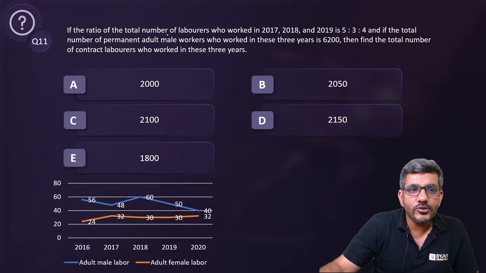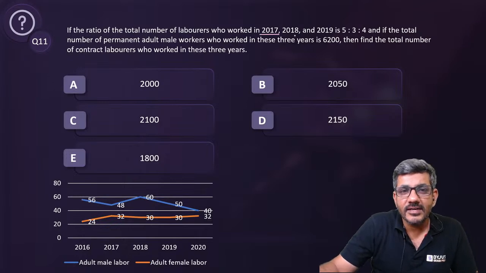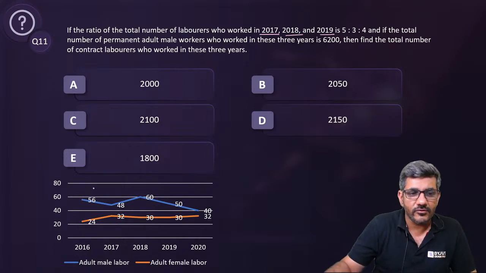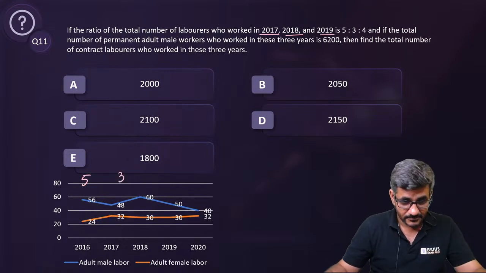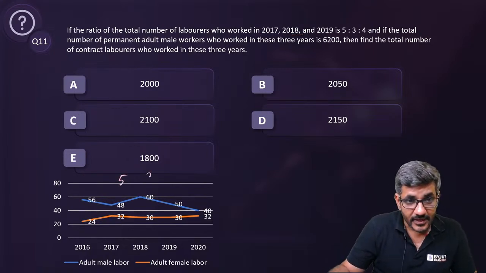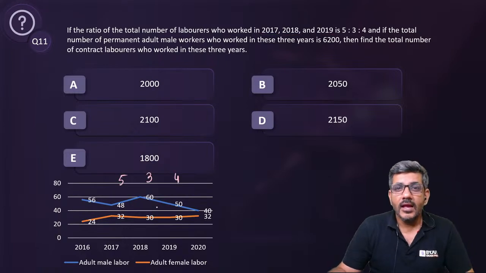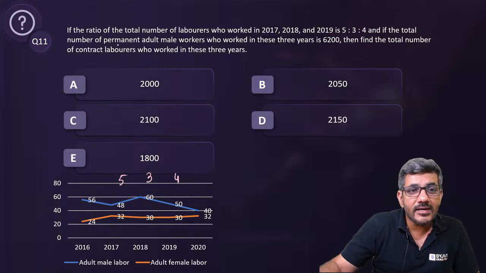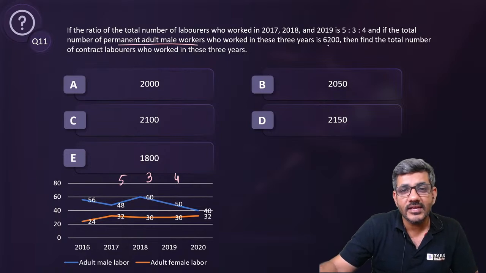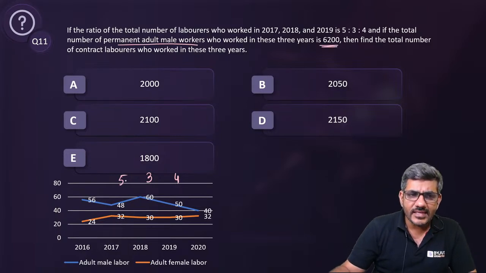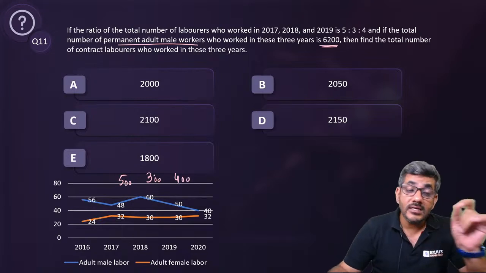If the ratio of the total number of laborers who worked in 17, 18 and 19 is 5, 3, 4. So 5, 3, sorry, मैं हमेशा, बुढ़ापा आ गया मेरा. 5, 3 and 4. And if the number of permanent adult male workers who worked in these 3 years is 6,200. So let us say there are 500, 300 and 400. So what is the number of adult male laborers?